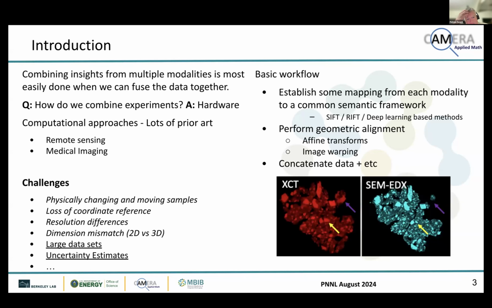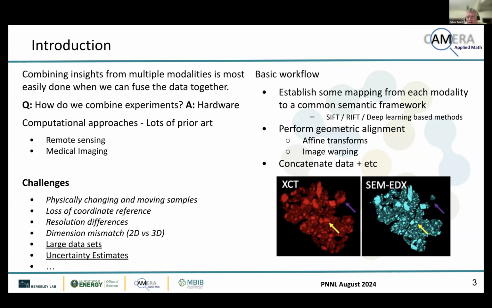Sounds easy enough. It isn't, because samples actually change. You can have stuff moving. Beam damage is one thing, but Odetta was showing earlier this morning stuff with her SEM EDX. You take a sample and you actually cut it up. Pieces can fall off. You can lose coordinate references.